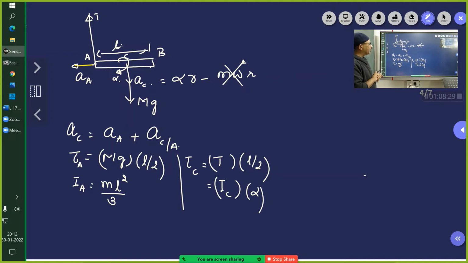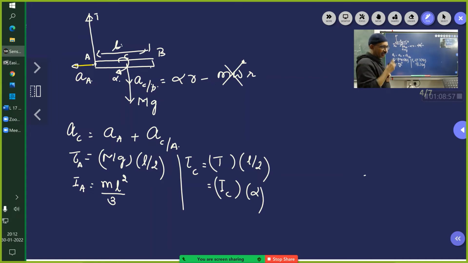This is the acceleration of the center with respect to P. But at that instant, you have to know the acceleration of point A. See, in this system, formerly this end was fixed.